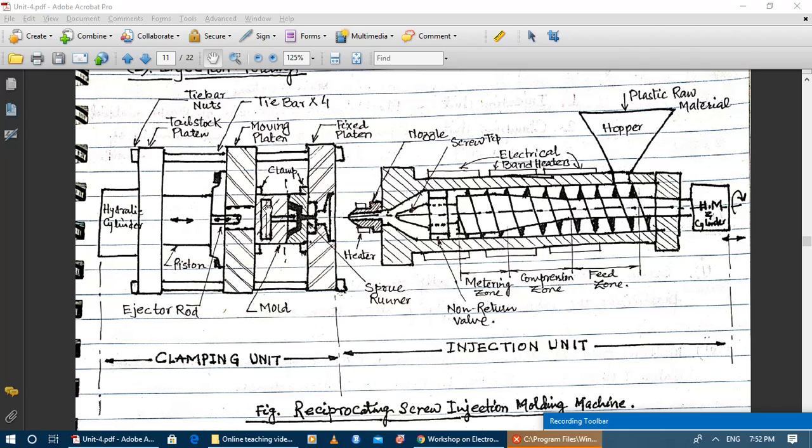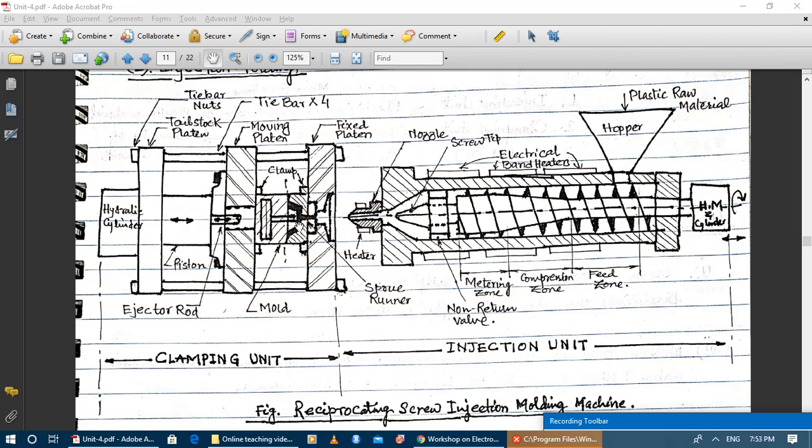If proper clamping force is not being applied, then what will happen? Under such a high injection pressure of the melt, the mold will open from its parting line and polymer will come out from the parting line.